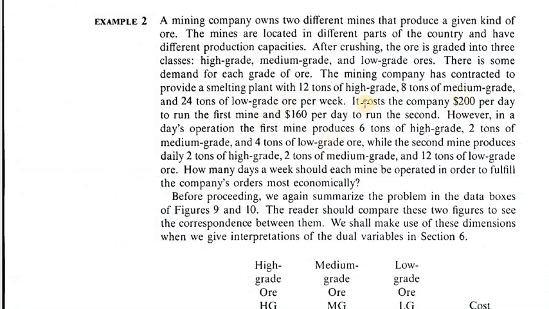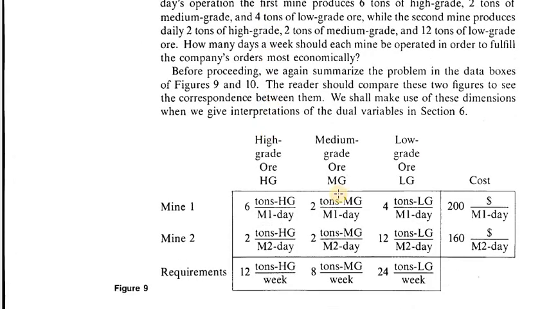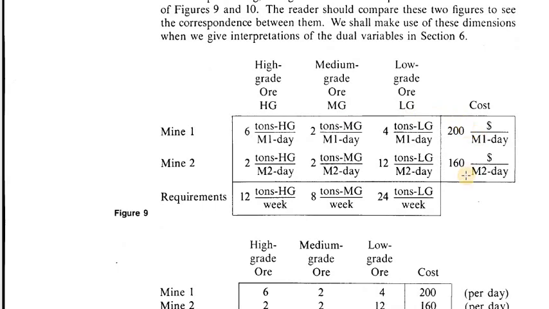So the two cost function coefficients are 200 and 160, while the requirements coefficients, well, these are requirements, 12, 8, and 24 for the three different types of ore. If we look at this tableau and just look at the margins, you have costs here, which are costs of production, and then you have your requirements down here.